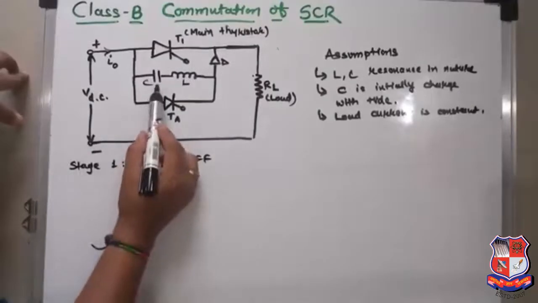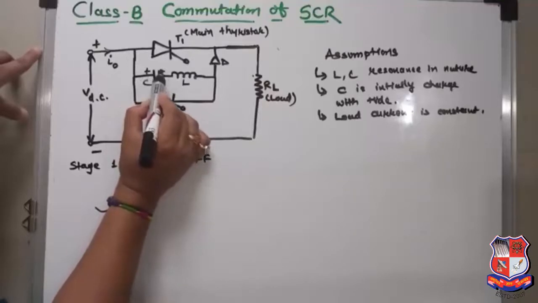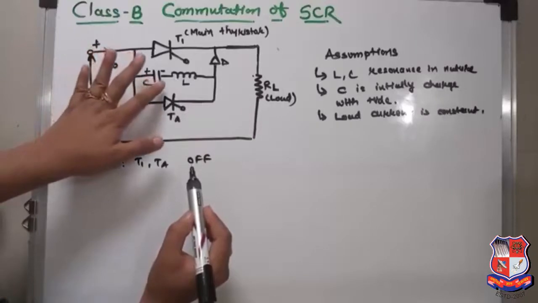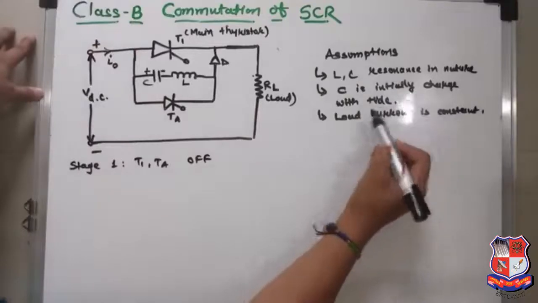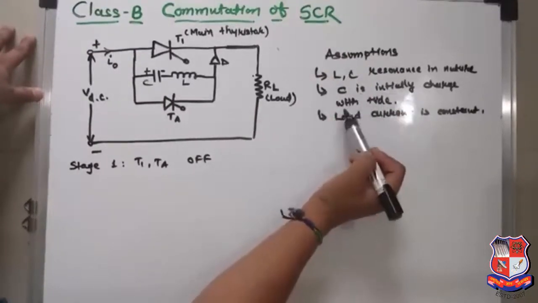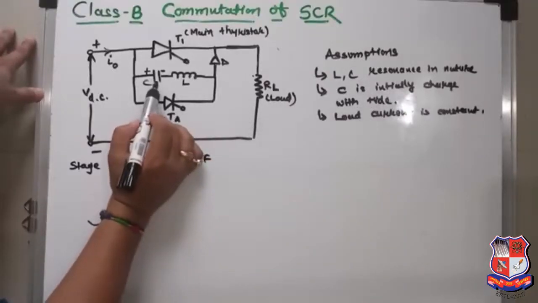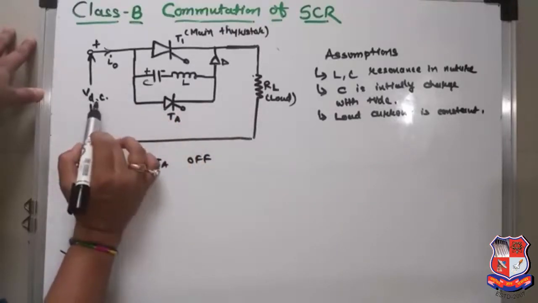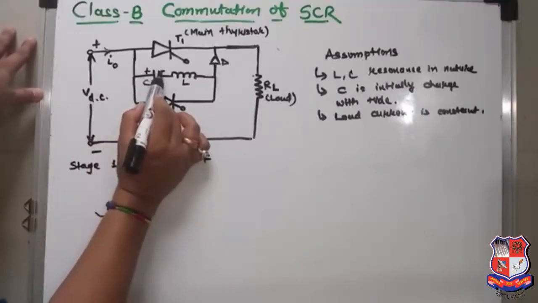The capacitor is initially charged positive on the left and negative on the right, so the assumption is correct. The capacitor is charged fully to the input voltage VDC, with the left plate positive with respect to the right plate.